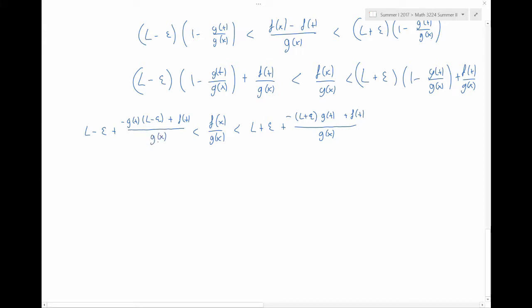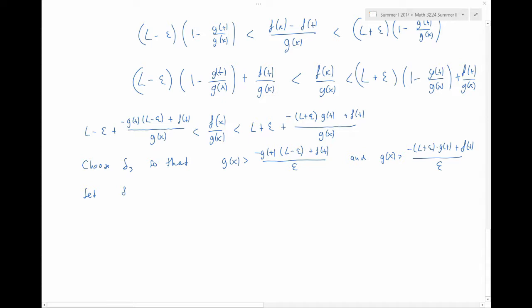Since g of x converges to infinity, we can make sure that these two big fractions are less than epsilon in absolute value. So I can choose delta 3 so that g of x is larger than this numerator divided by epsilon, and g of x is larger than minus L plus epsilon g of t plus f of t divided by epsilon.